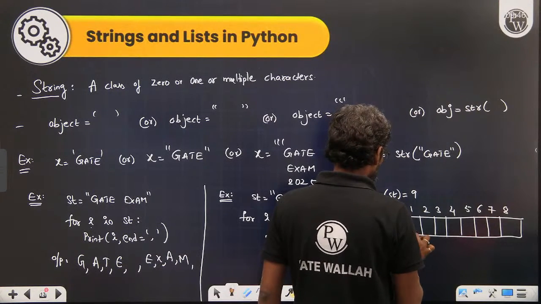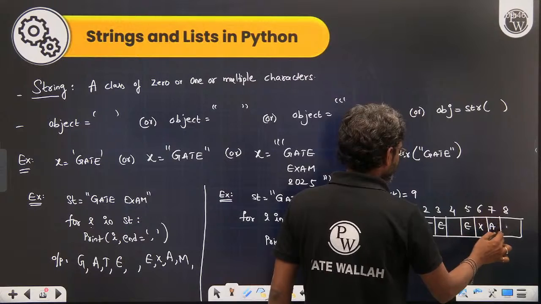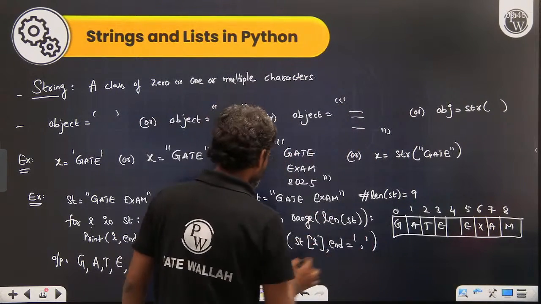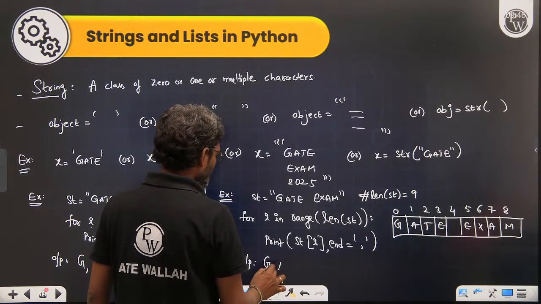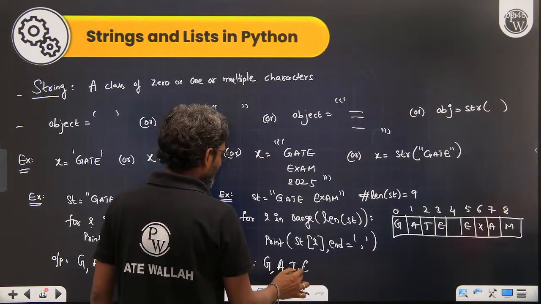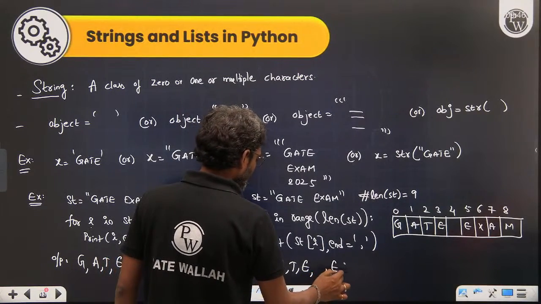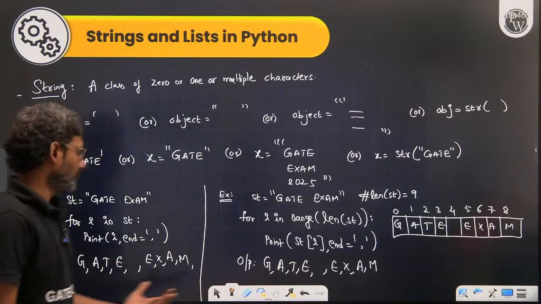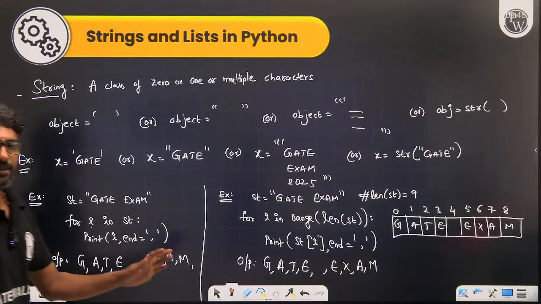Now it would be GATE space exam. So st of 0 means G, st of 1 means A. Like this you will get the same output, but you can do it in different ways. Hope you got this.